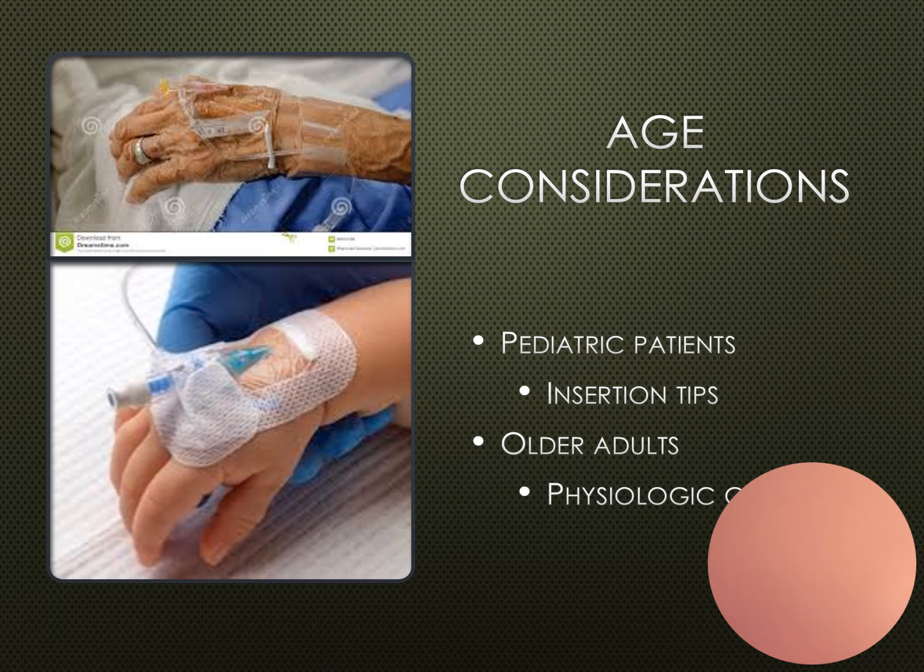With the older adult, we can administer fluids through the subcutaneous tissues or through the vein. The subcutaneous route would be used for fluid volume deficits or to prevent dehydration. And we can administer some medications subcutaneously.